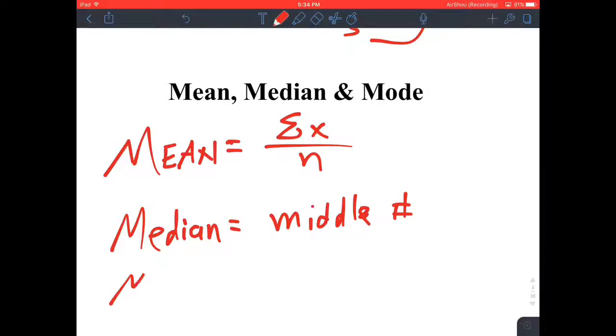The mode is the number that occurs the most often in a set of numbers. If you have more than one number that appears most often, then you could have more than one mode.